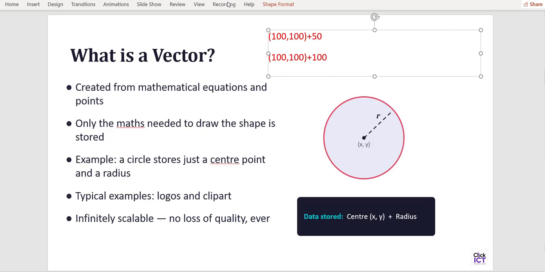When the image is resized, the computer redraws the shape using the formulas or equations. So the image remains sharp and does not lose quality. Typical examples of vector images are logos and computer clip art.